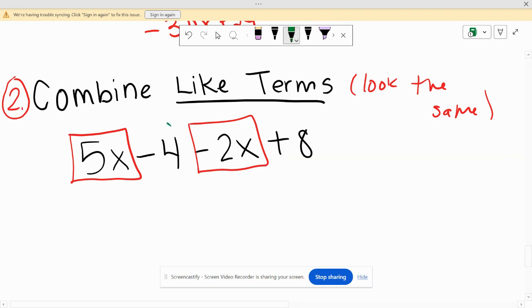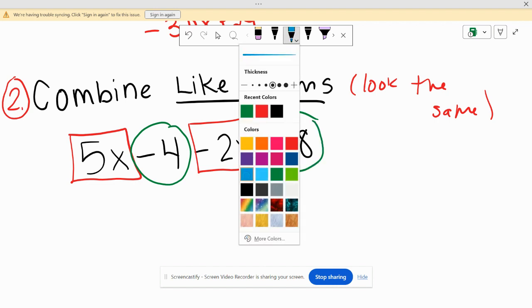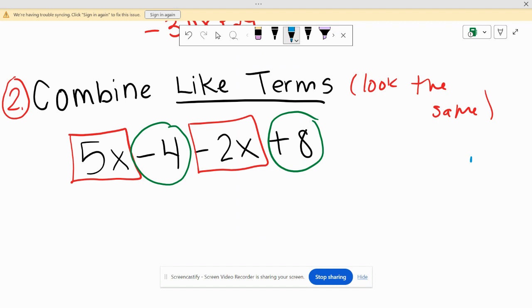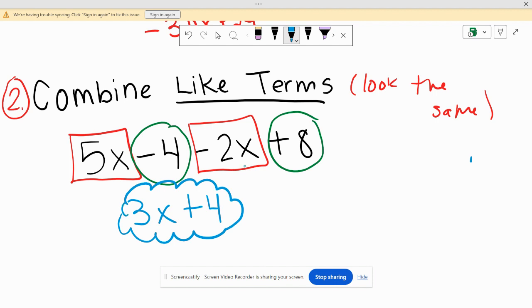And then we've got just our plain old numbers. So then when we have our final answer, we're going to put our x's together. 5x plus negative 2x, that's positive 3x. Negative 4 plus 8 is positive 4. So this would be the simplified version of the expression. When we're simplifying expressions, we're just making them look simpler.